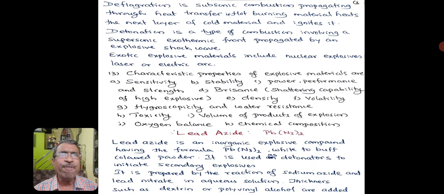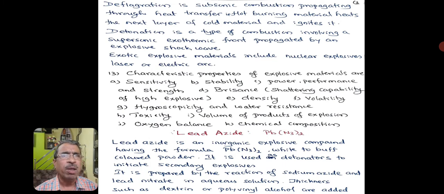Another is deflagration. Deflagration is subsonic combustion propagating through heat transfer. That is, hot burning material hits the next layer of cold material and ignites it. In another way, deflagration means burning away rapidly.